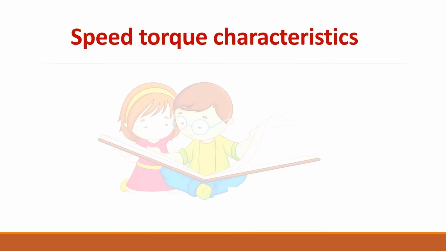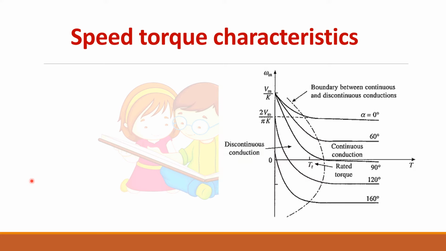Now we will draw the speed torque characteristics. It is drawn between speed and torque for different values of firing angle. You see here, for alpha equal to 0 degree, it starts from here, and this dotted line represents the boundary between the continuous conduction mode and the discontinuous conduction mode. At low values of torque you will get discontinuous conduction mode, and after that you get continuous conduction mode.